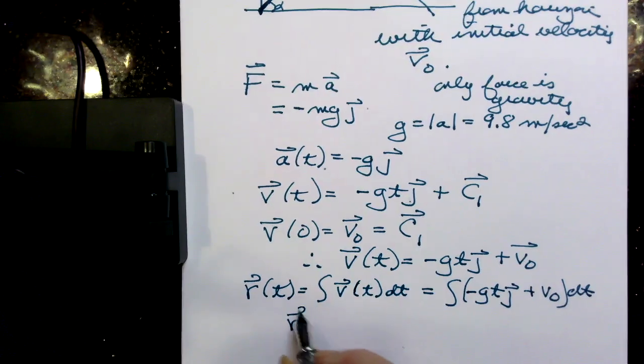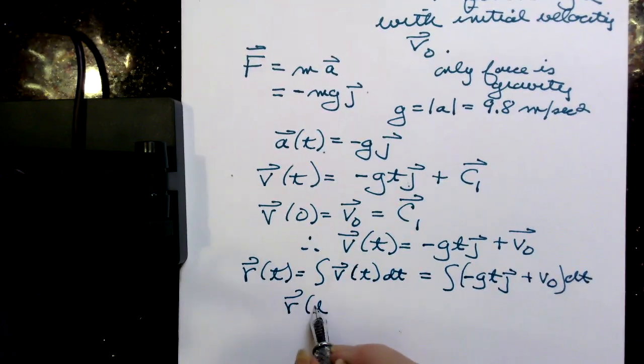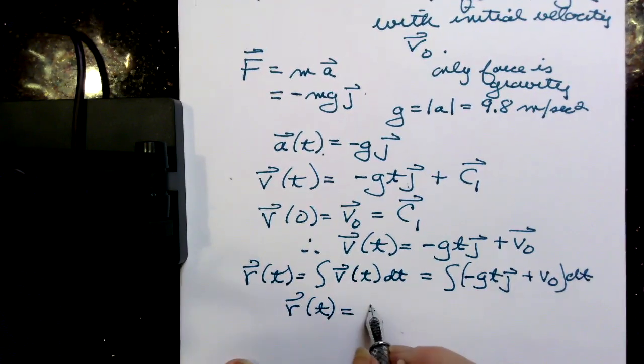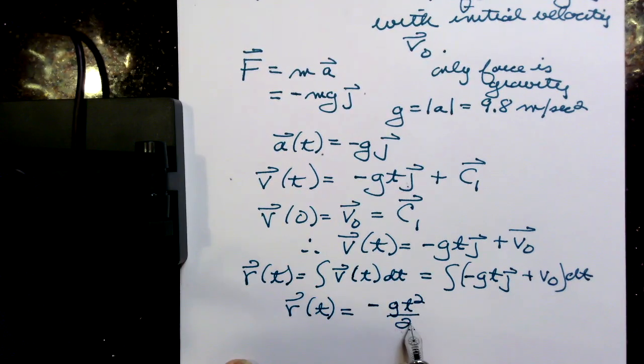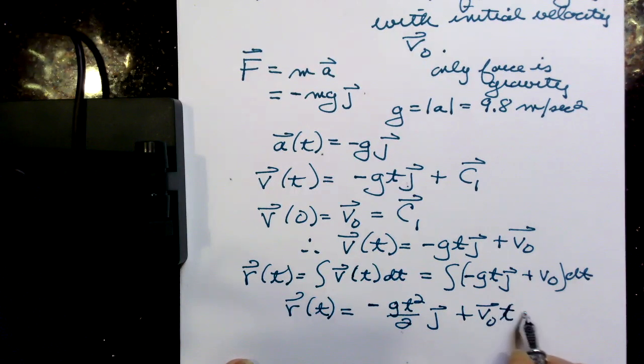So r of t will be equal to minus gt squared over 2 times j plus v0 t plus vector r of 0.